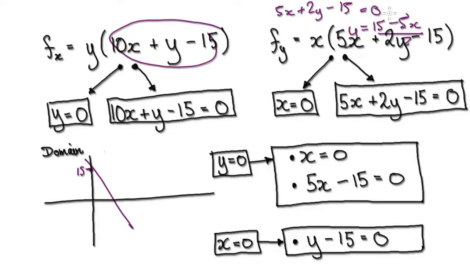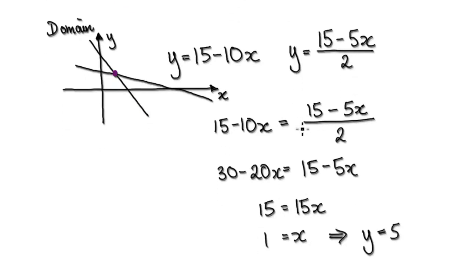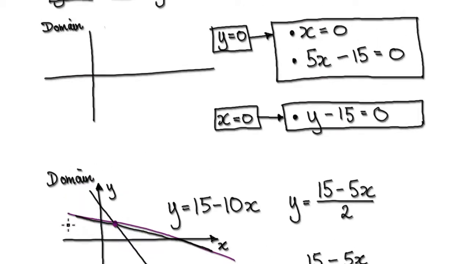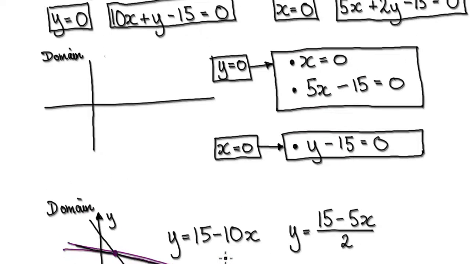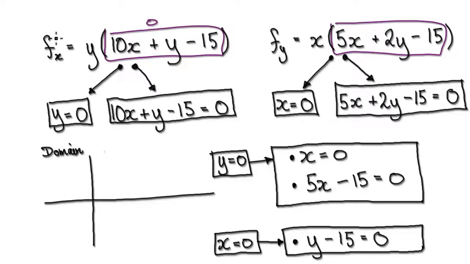If you sketch this, it will look something like this. So along here, everything here would be 0. Along the other line, everything here would be 0.